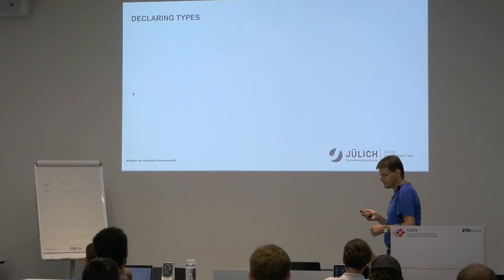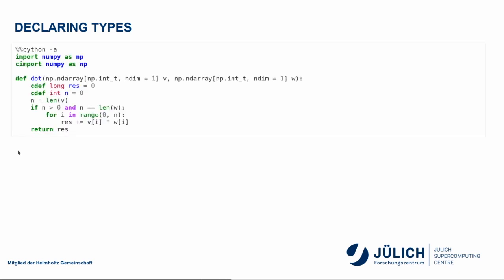What really gives me an advantage is if I can be more specific about what I need. Let's say I really only want to multiply NumPy arrays that are of type integer and one-dimensional. Then I can specify that.